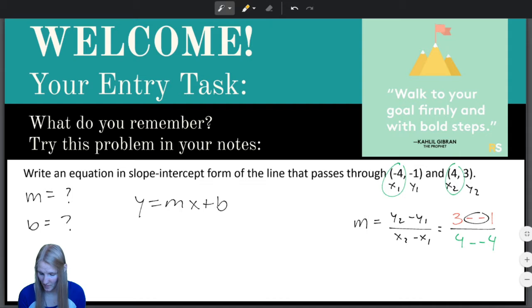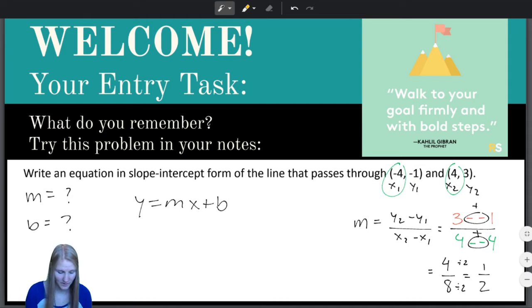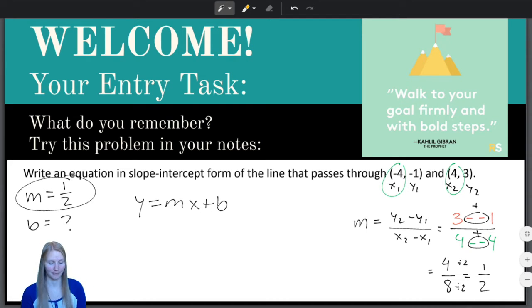Okay, remember, minus a negative becomes positive. So 3 plus 1 is 4, and 4 plus 4 is 8. Can we reduce 4/8? Yes, we can. If we divide by 2 on the top and the bottom, we get 1/2.